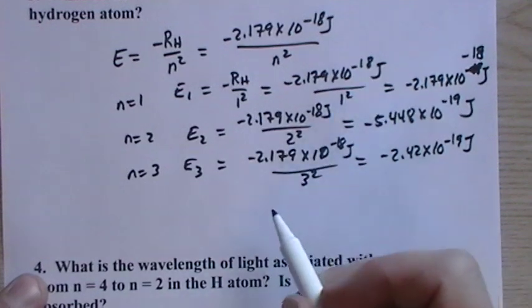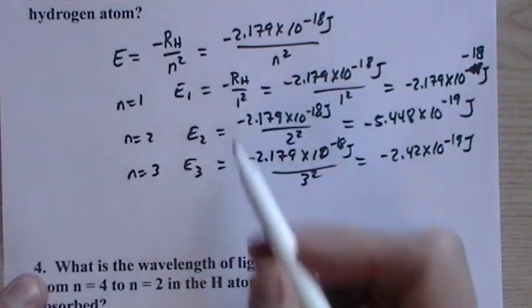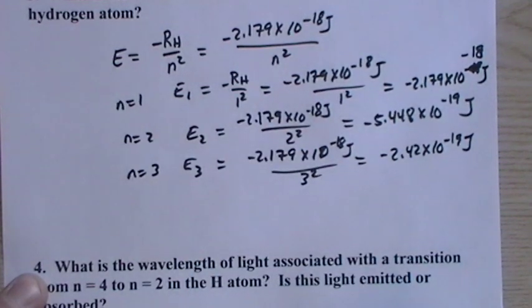Now, a couple of things. Notice that it's a negative value. Remember, energy is always a positive value, so when you have a negative attached to an energy, it means something. It's telling you something about that energy.